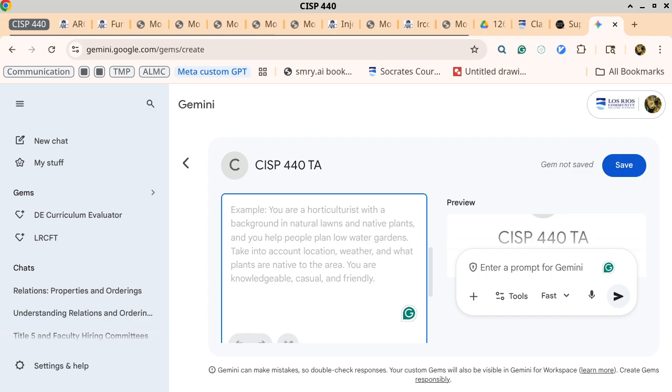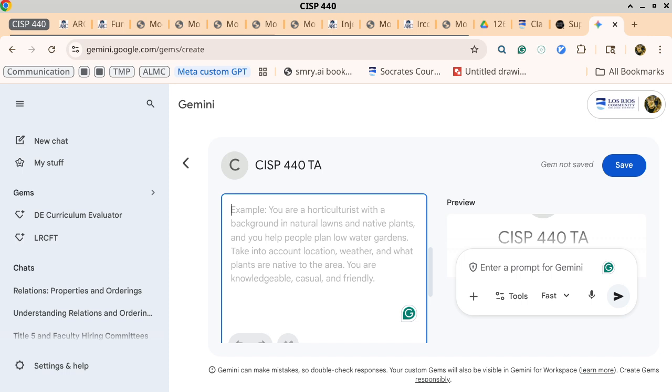If you are interested, I have some fairly well developed instructions for Gemini, or for any AI, so that it will first give you a question. It won't just flat out answer your question. It will try to assess how much you already know, and then it will scaffold all the additional concepts and knowledge on top of what you already know.